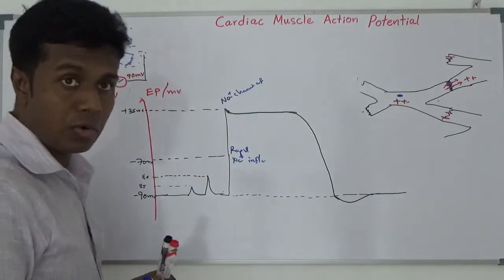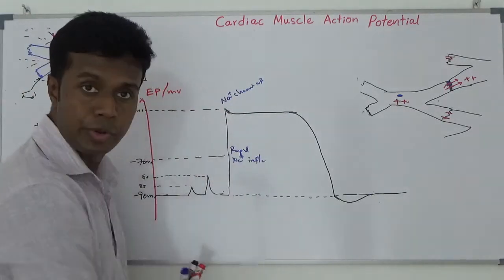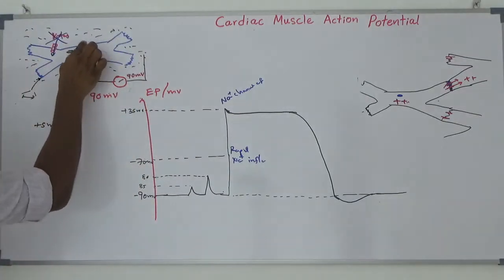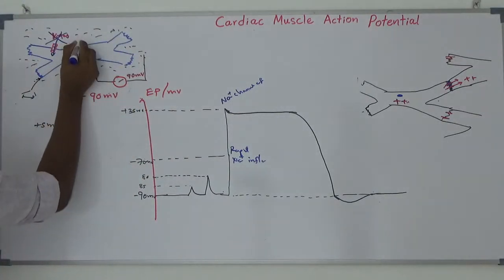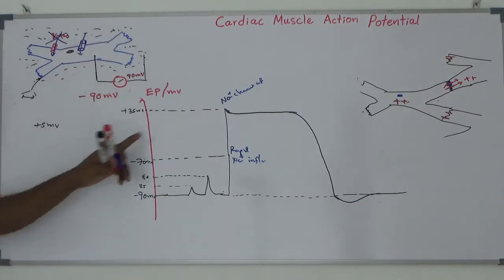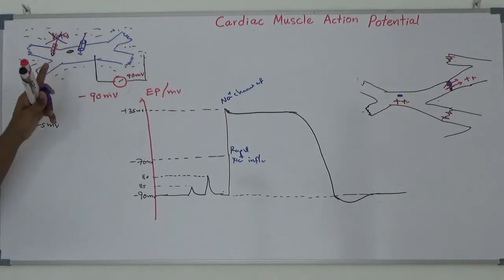When your sodium channel is off, you should come back to the normal level. But here in my myocardial cell, another kind of channel, the calcium channel, is going to open. Sodium channel going to be closed and calcium channel going to be open.